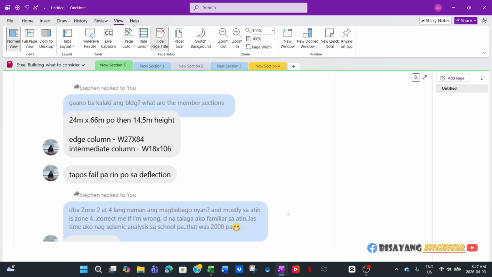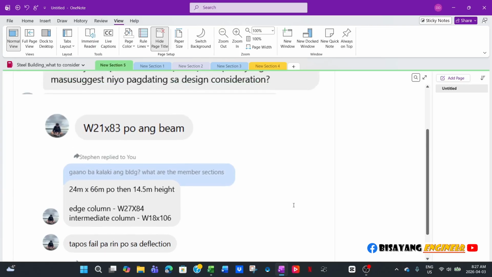And if you are closer to zone 4, then you have to use a certain coefficient. But this procedure is still based on UBC 97, and what I'm experiencing now is another standard.